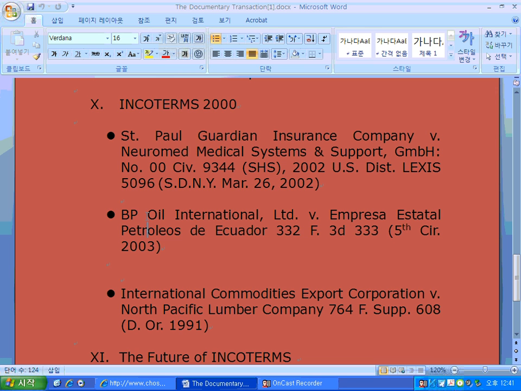So the German courts would be generous to find the normative power of Incoterms, and it facilitates the uniformity of international transactions. However, if liberalized in a rather extensive context, then the genuine intent of the parties may be undermined.